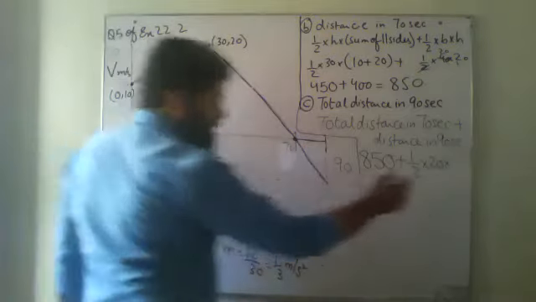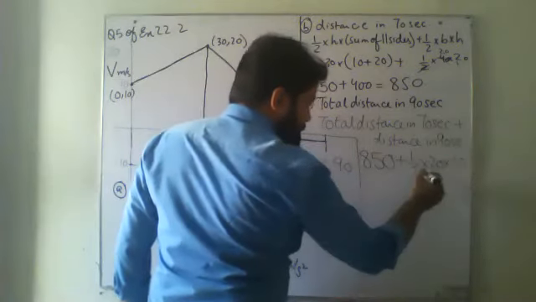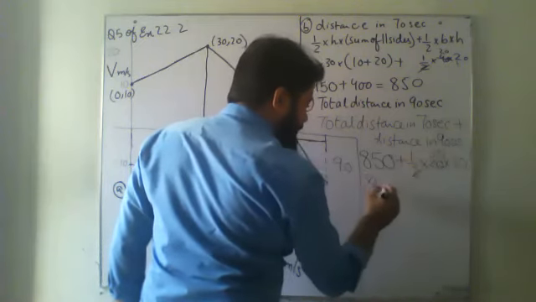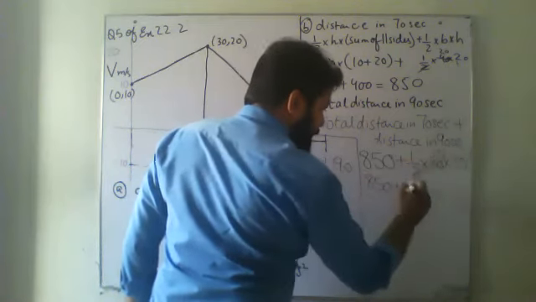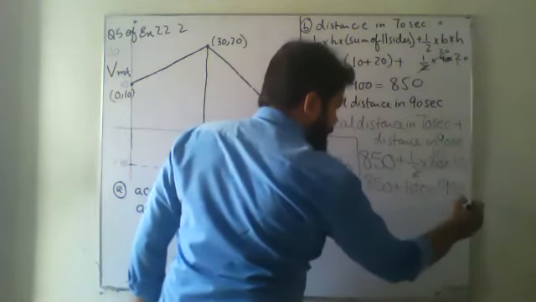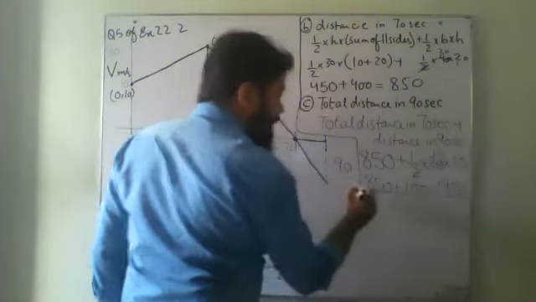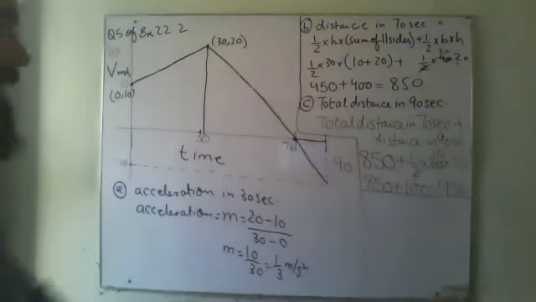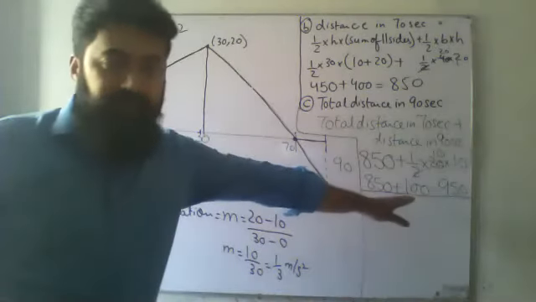So the height is 10. Cancelling it, 850 plus 100 equals 950. So the total distance covered in the complete 90 seconds is 950.